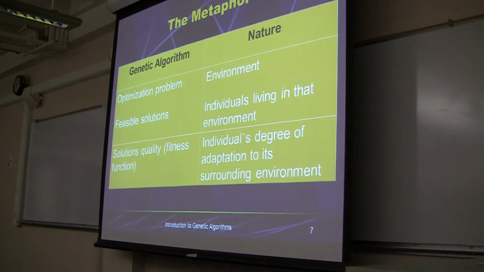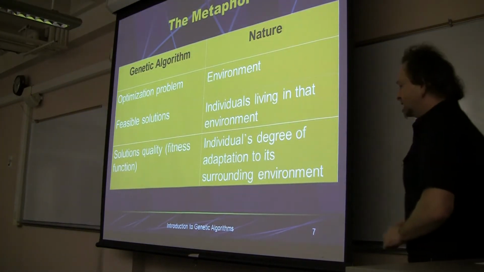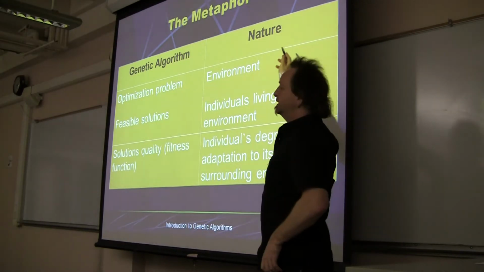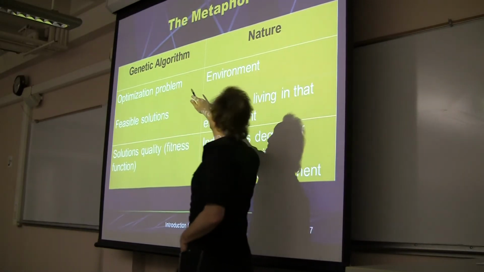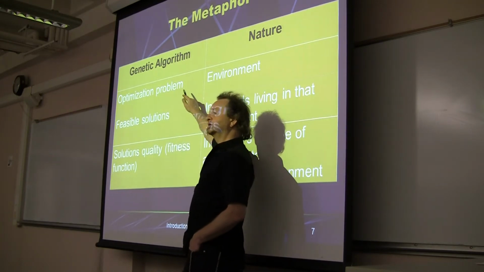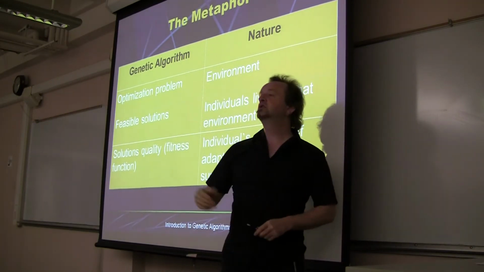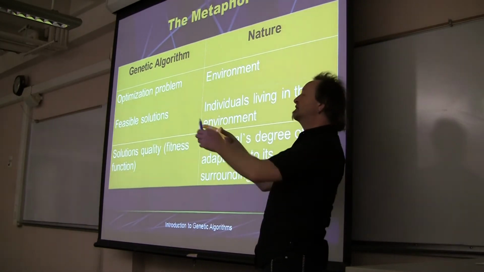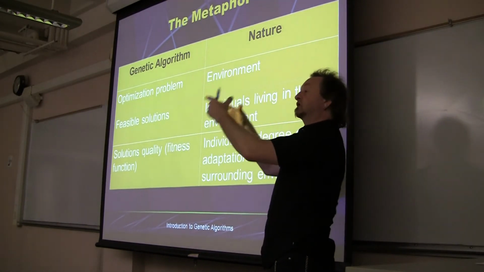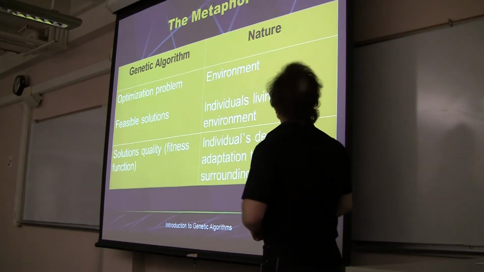So think about the natural environment. In nature, we have an environment. With a genetic algorithm, we have a problem we want to solve. Let's imagine we want to find the lowest cost, highest strength tower structure to put a mobile antenna on.